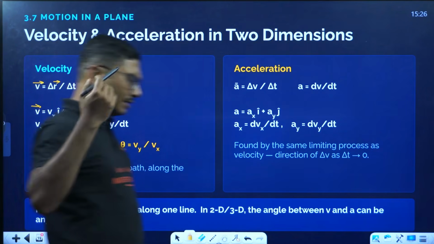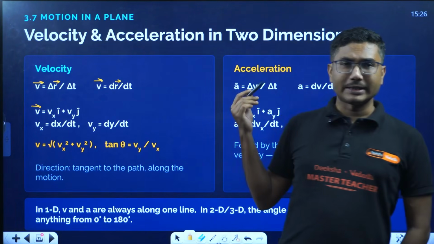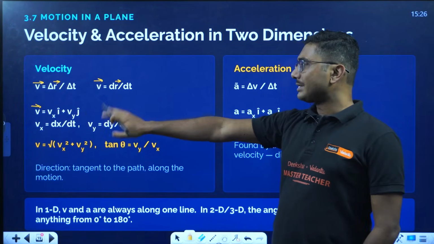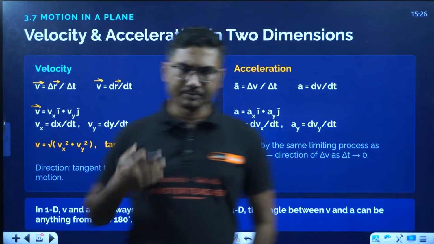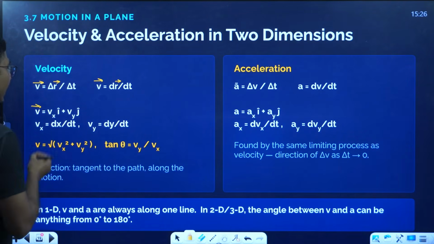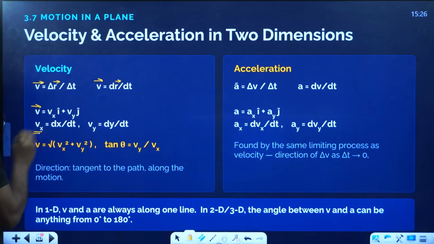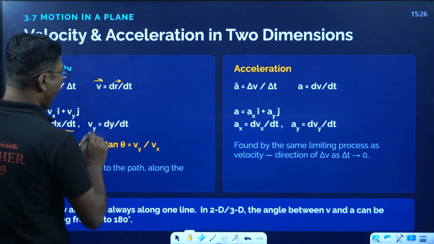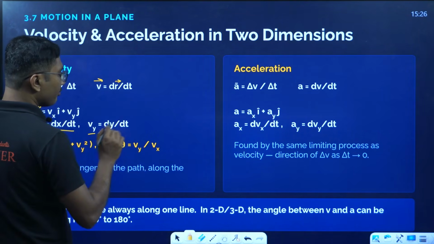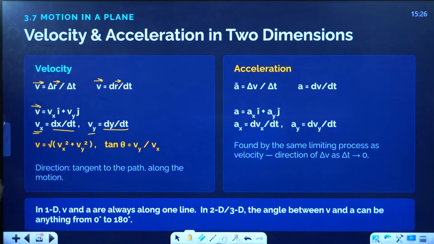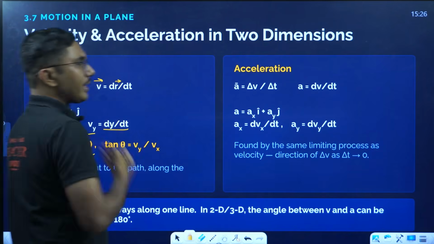That is standard two-dimensional motion. Here the x component vx is given by the rate of change of x only, and vy, the y component, is the rate of change of y only. The velocity's magnitude is given by square root of vx square plus vy square.